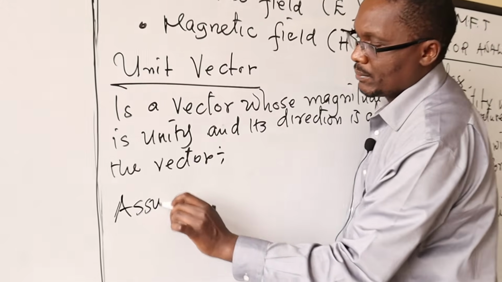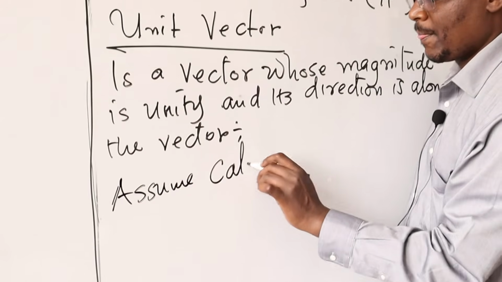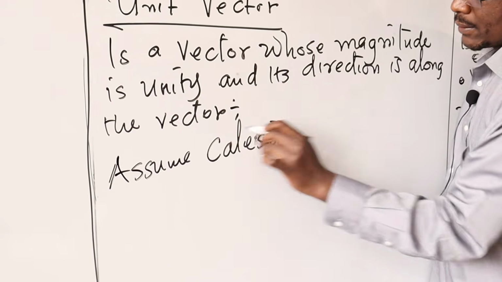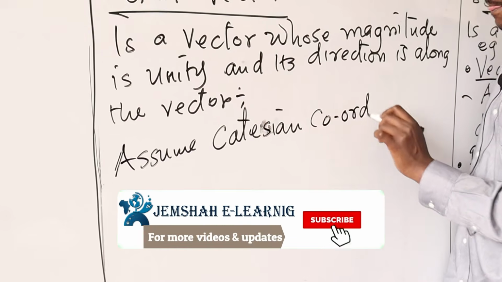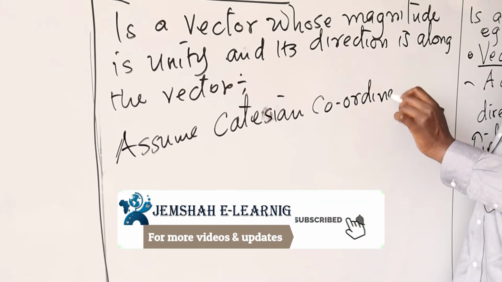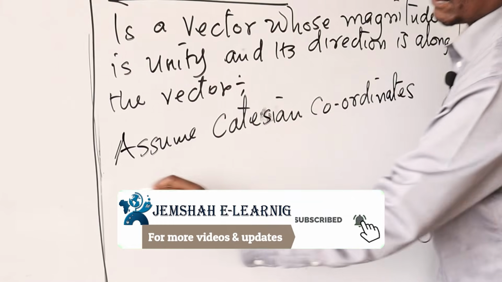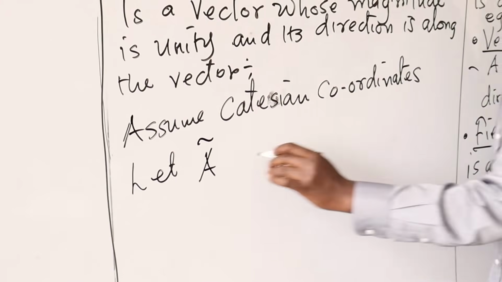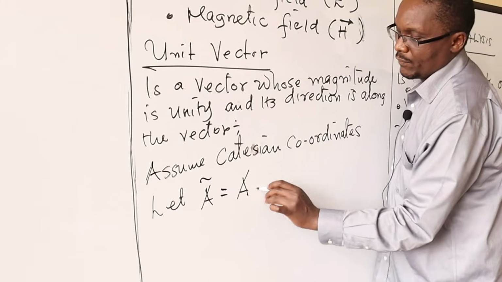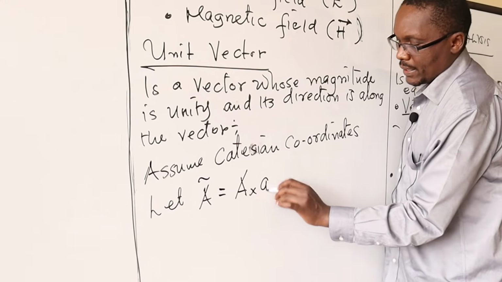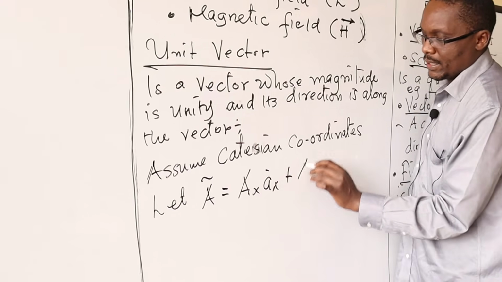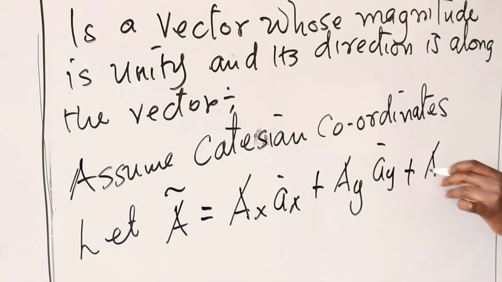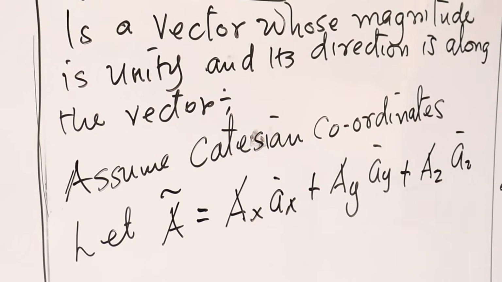So under unit vector, let me just say, assume Cartesian coordinates. Then I can say, let A bar, that is a vector, be represented as A of x in the direction of AX bar plus A of y in that direction plus A of z in the same direction.